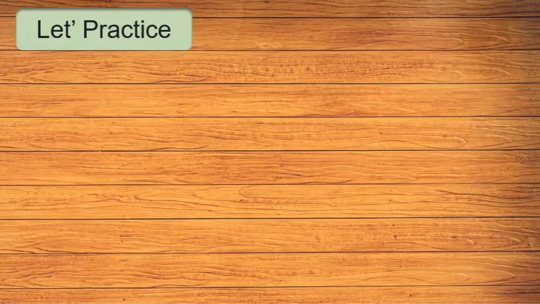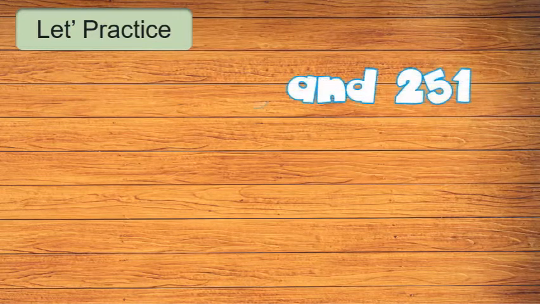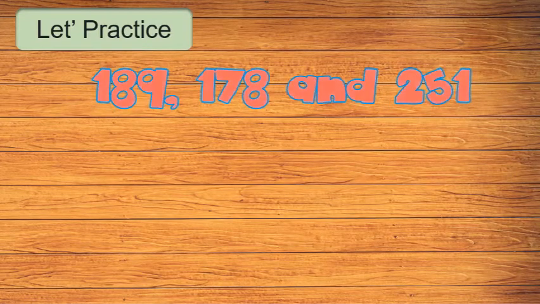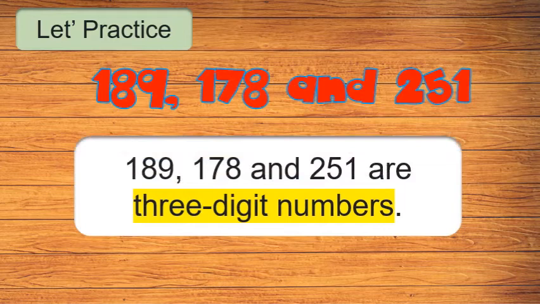Now let's practice. We have here 189, 178, and 251. Look at the three numbers. They all have three-digit numbers, meaning they all have hundreds place. Now let's compare each numbers.